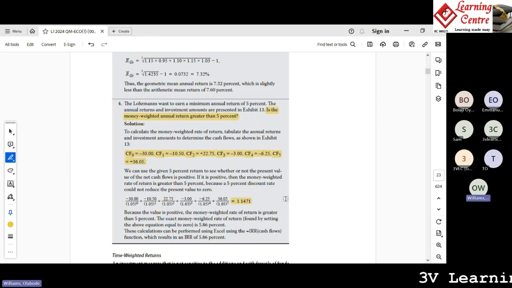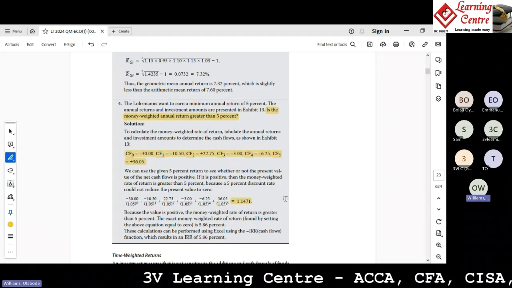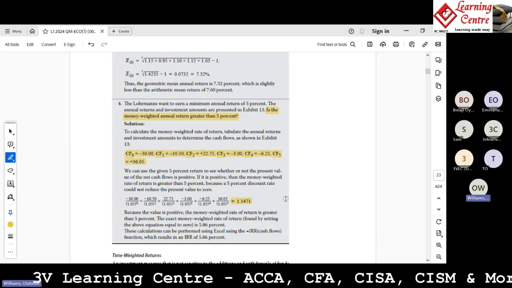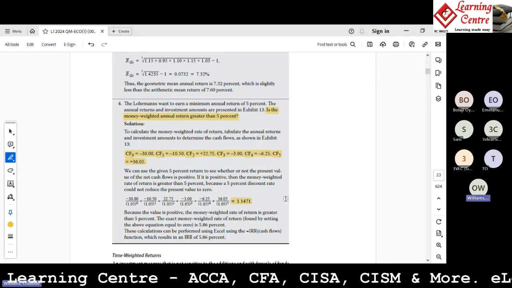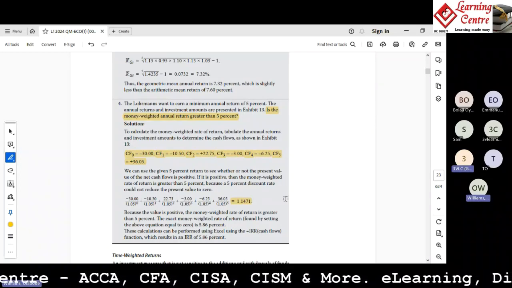Because it's a positive NPV, the actual IRR that will make that NPV 0 will have to be higher than 5. If you need to adjust the NPV down, you need to increase the money-weighted annual return. It can only be adjusted up.